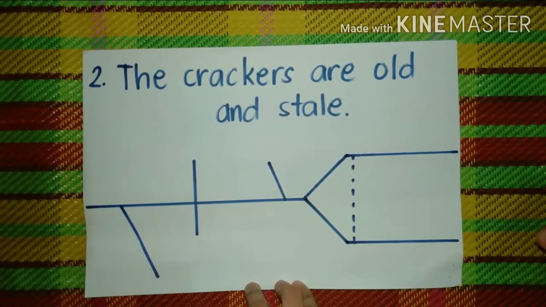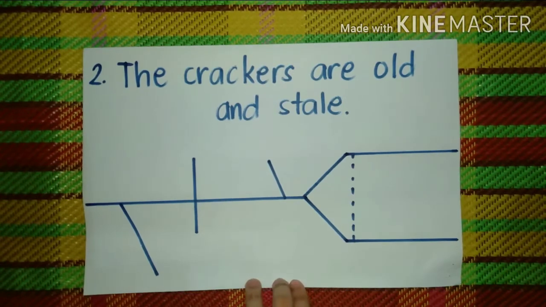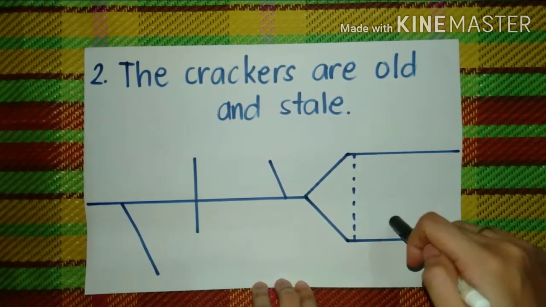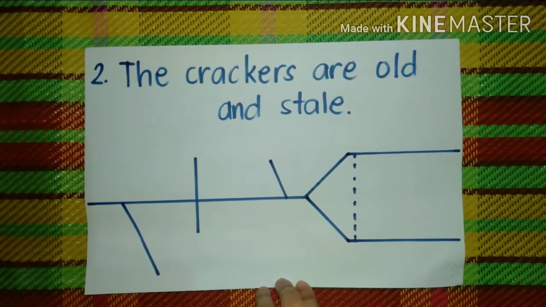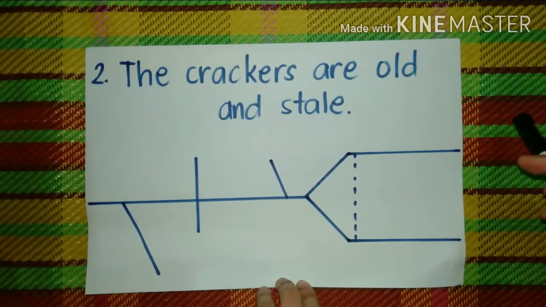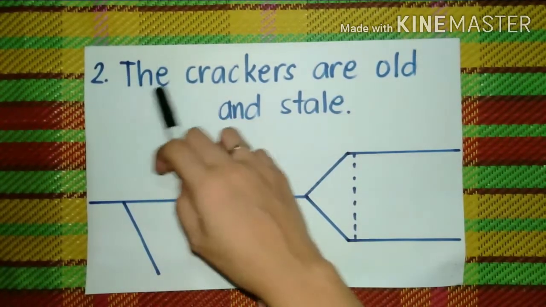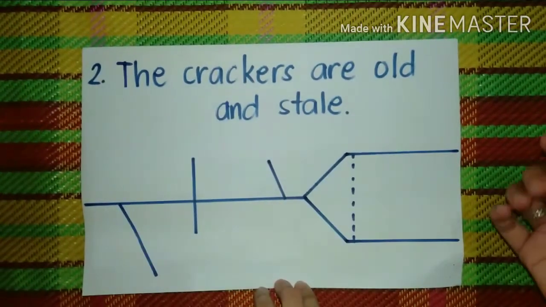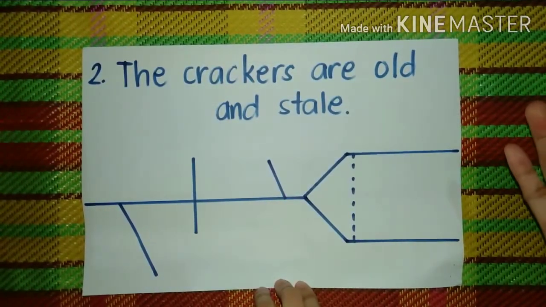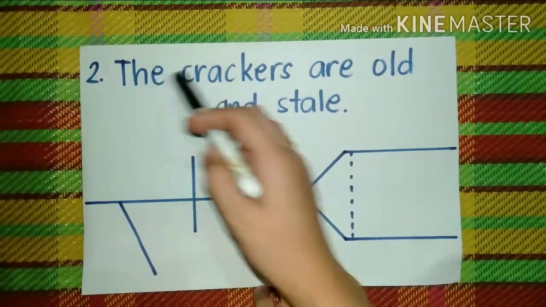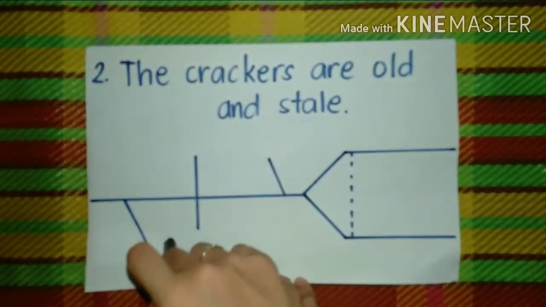Next, let's have example number 2. As you can see, there is a difference between this diagram compared to the first diagram I've shown you. That's because there is an article, the, in this sentence. As I mentioned last time as well, articles are always located under the subject.